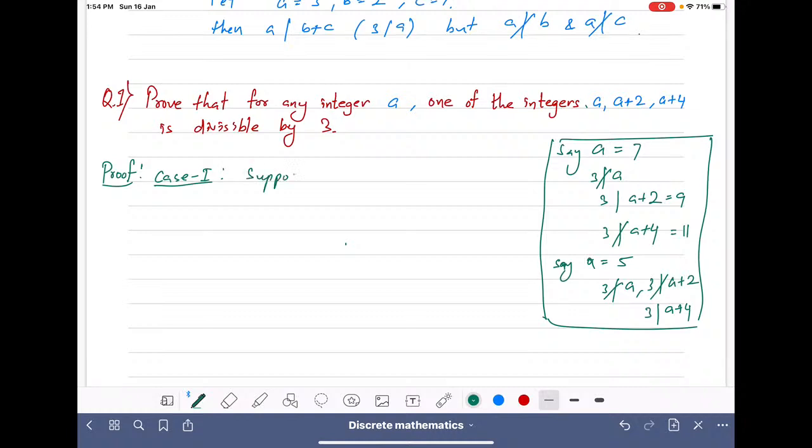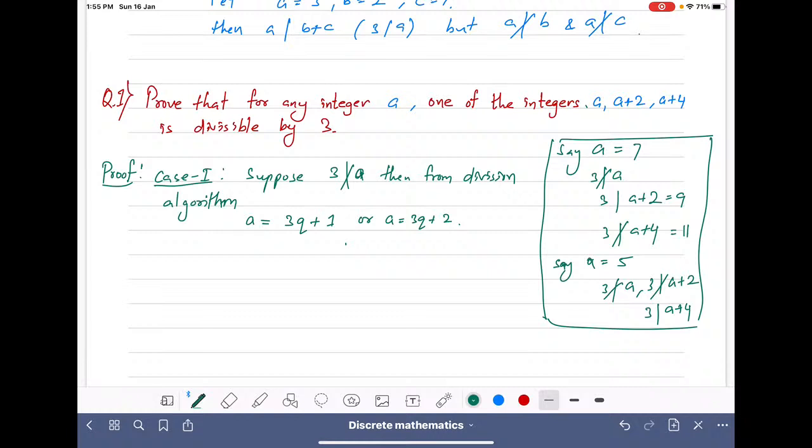Case 1 is, suppose a is not divisible by 3. That means 3 does not divide a. Then from the division algorithm, we have a equal to 3q plus 1 or a equal to 3q plus 2.